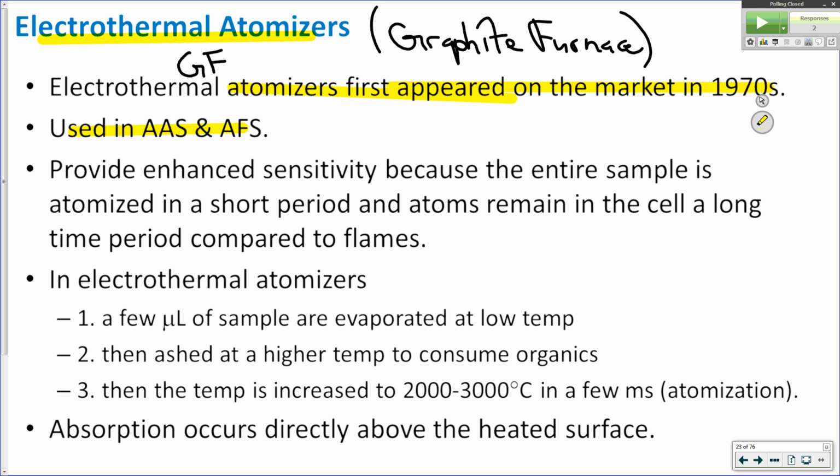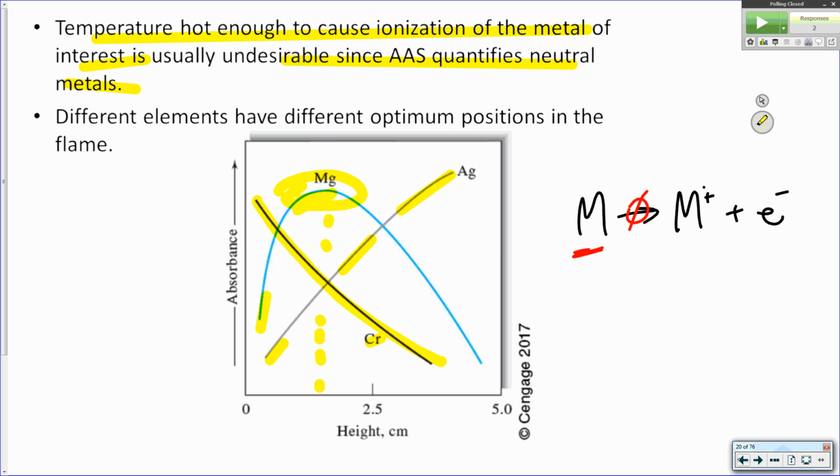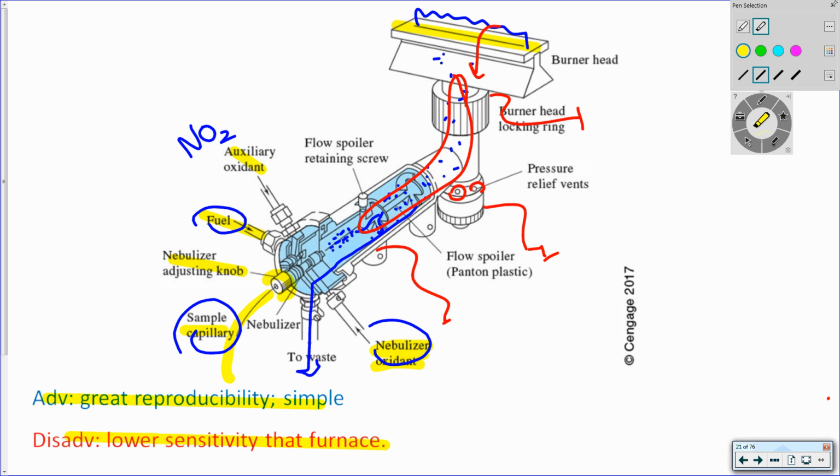And the reason they have better sensitivity is because the entire sample is atomized in a short period of time, and the atoms remain in the cell for a longer time period compared to the flame. Let me just go back and think about the reference to that. When you've got this sample coming out of the flame, you've got this little beam of light you're shooting across here.